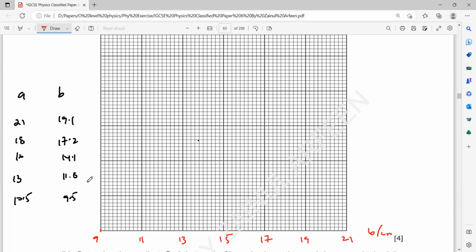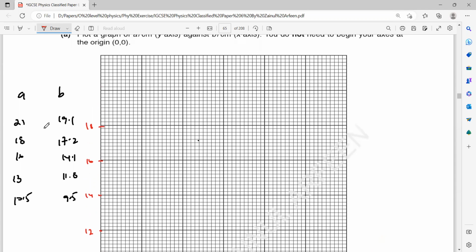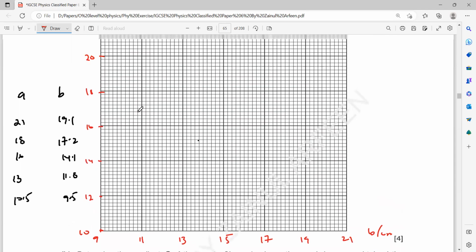For A, it starts at 10.5, so I can start with 10, 12, 14, 16, 18, 20, and 22. So we label the axis.